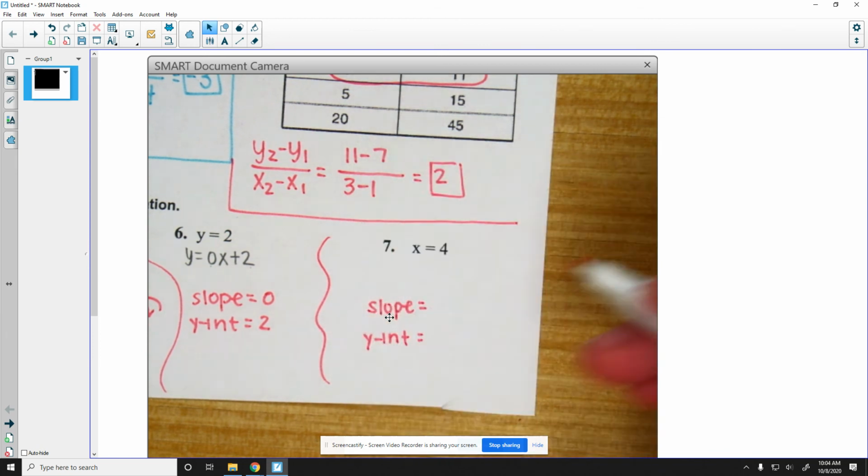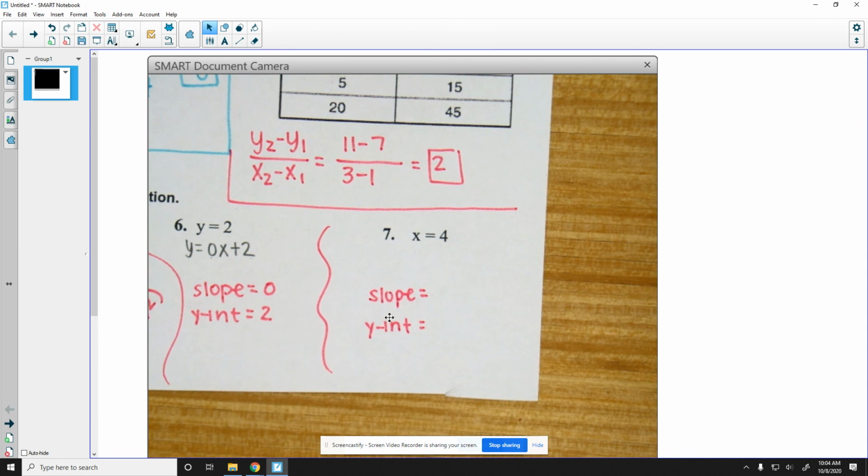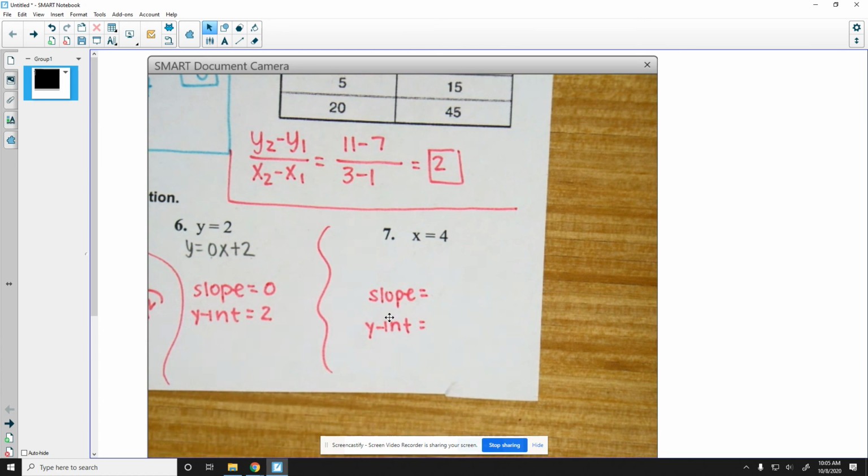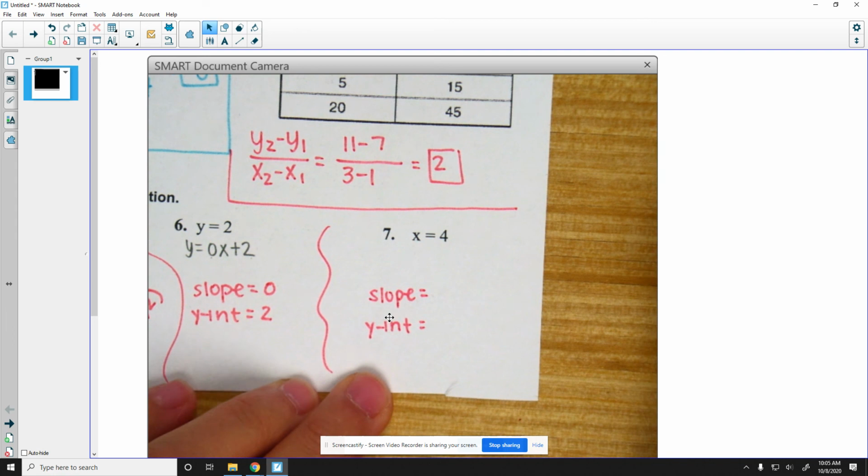It's not the same thing because this one says x equals, not y equals. All right, Kip, try. Nope. Slope is 0. Nope. Jack. Slope is 1. No. Fine.